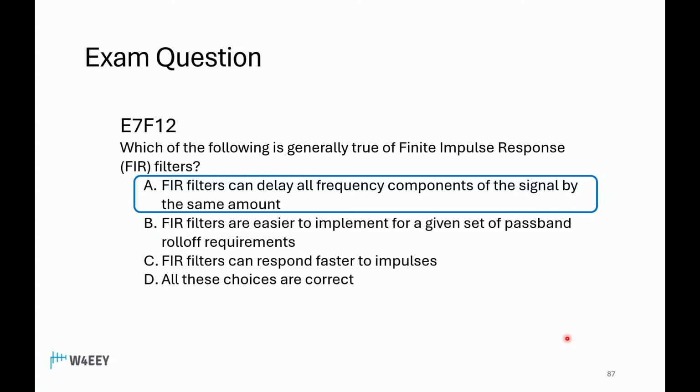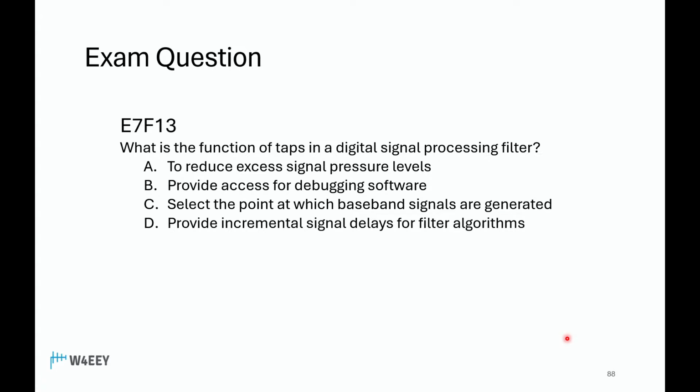Good way to remember that. What is the function of taps in a digital signal processing filter? Delta. It is Delta. Provide incremental signal delays, and then those delays are used for the filter algorithms.